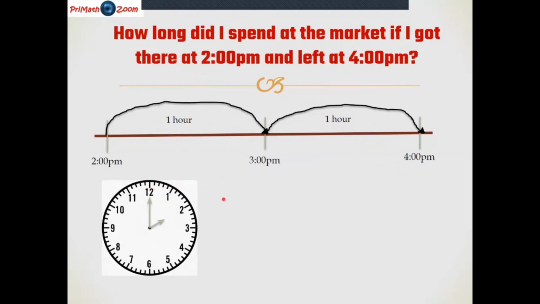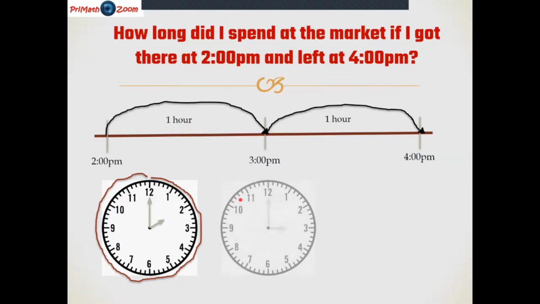So let's think about this minute hand going around the clock face once to create an hour. And when that happens, we get 3 o'clock. So 1 hour plus 2 o'clock gives us 3 o'clock.